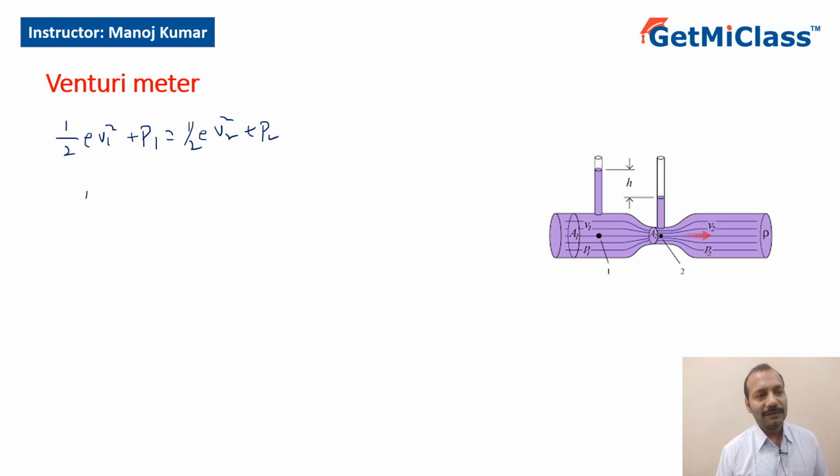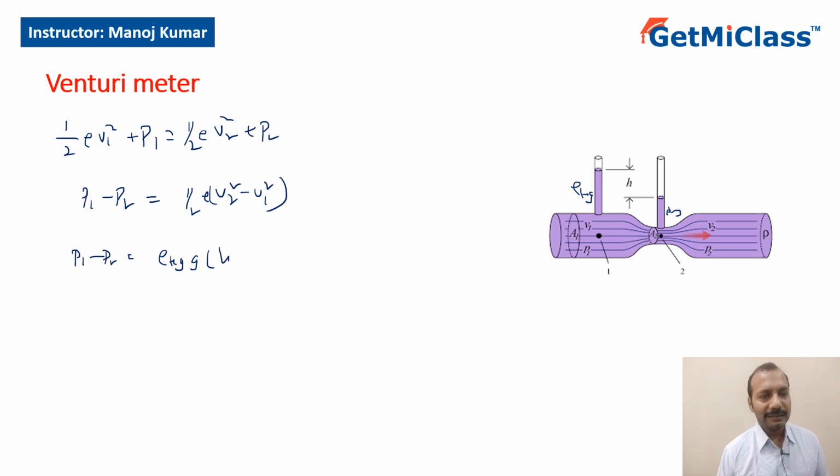So from this what will I get? I'll get P1 minus P2 equal to half into rho into V2 square minus V1 square. This is what we are getting. Now generally we have mercury here, so that the height is not very high. So P1 minus P2 can be written as rho Hg into G into delta H, which is the difference in heights of the vertical columns.